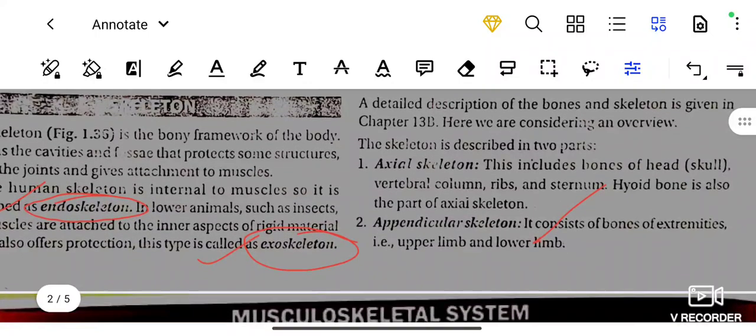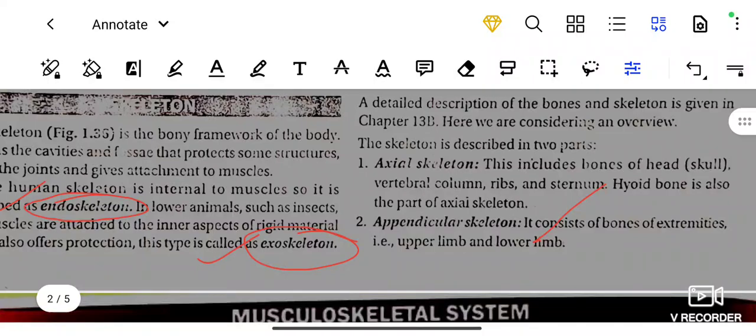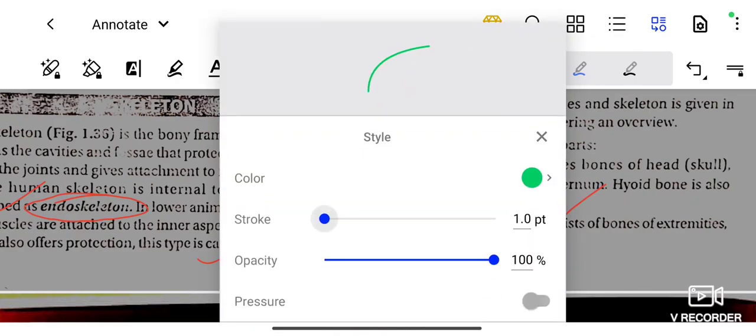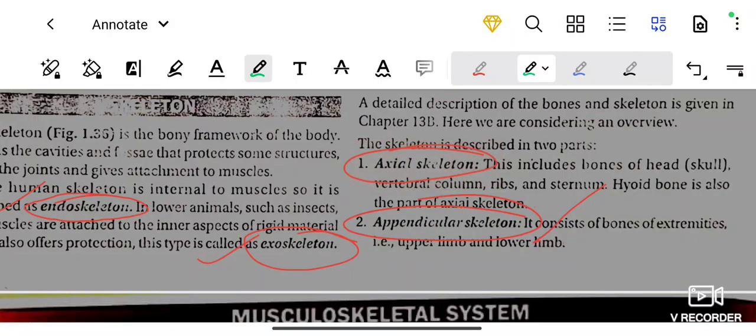The skeleton is described in two parts, that is axial skeleton and appendicular skeleton.